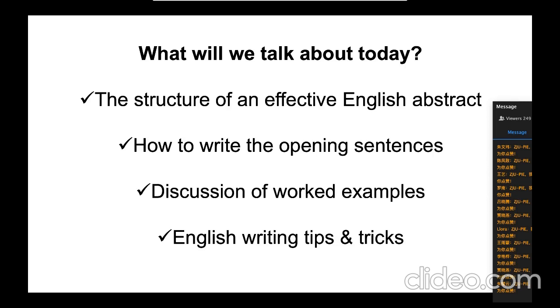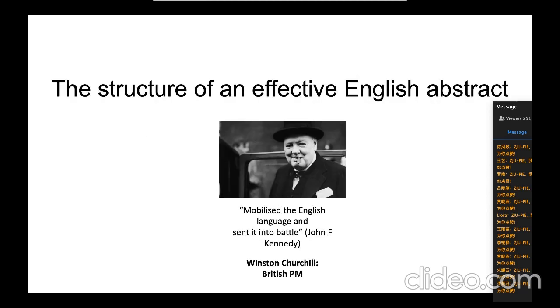And then we're going to finish with some general comments, some general ideas about English writing, how you can do this, how you can be effective in your writing. So these are the things that we're going to talk about in our presentation today.